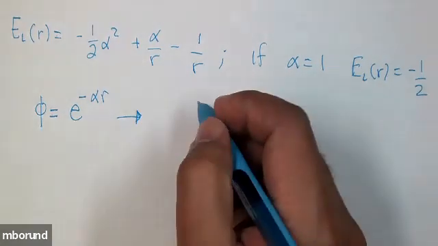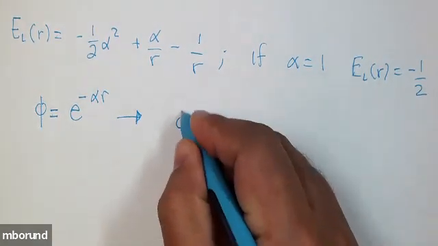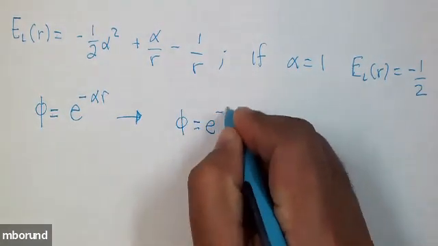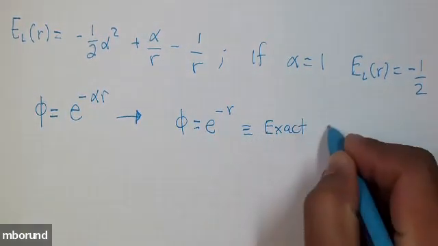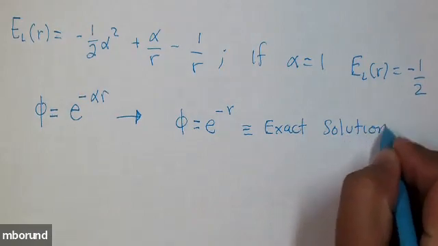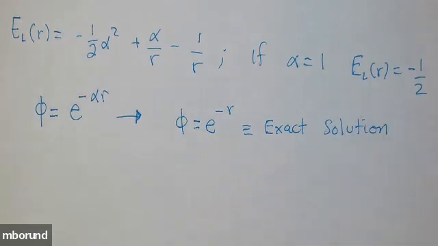When you choose alpha equal to 1, you get the exact solution because this value doesn't change anymore as a function of alpha. Questions?